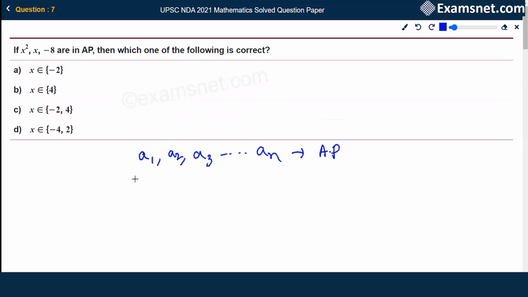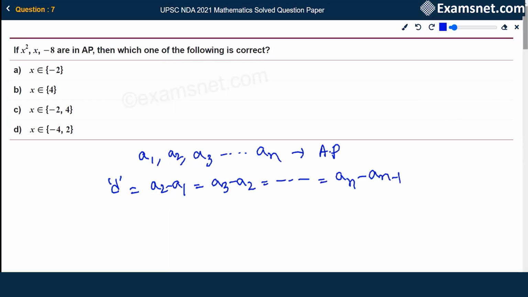So the relation between them, which we can refer to as the common difference D, that is the difference between two consecutive terms, is always constant, and that is referred to as D. So here we can write A2 minus A1, A3 minus A2, up to AN minus A(N minus 1), correct?